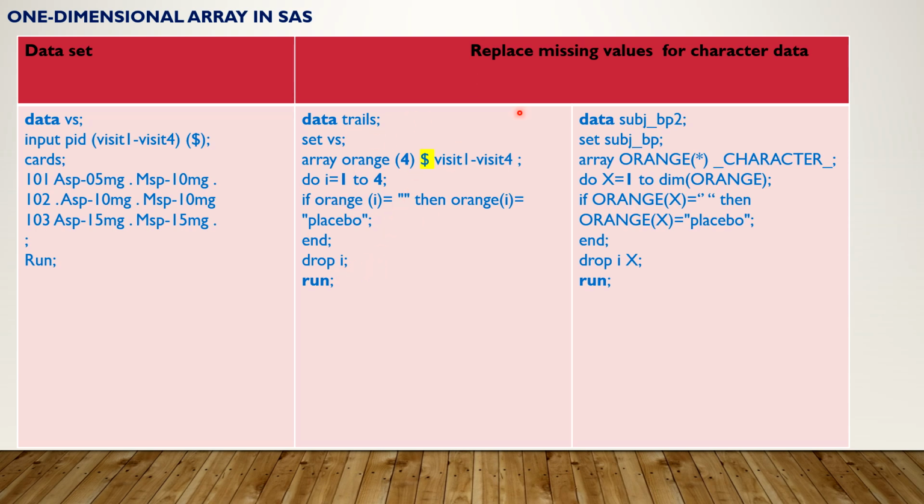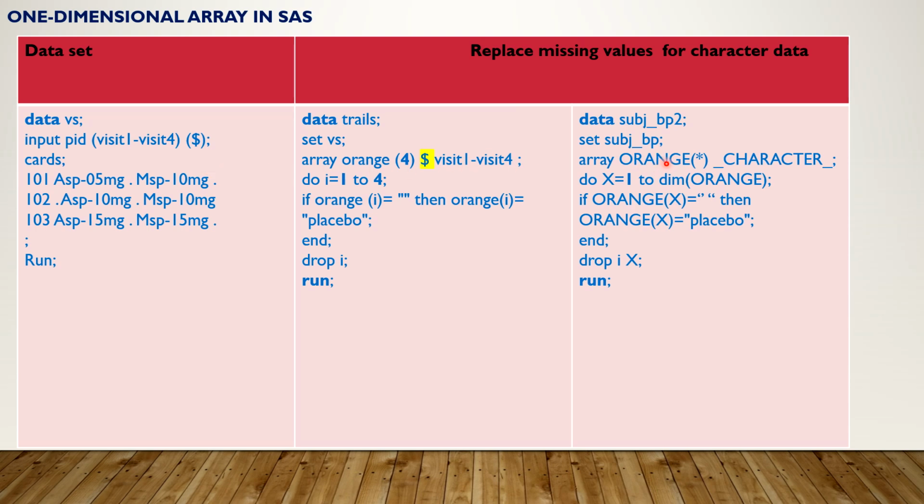The same code, if you want to use underscore character underscore, we have to write in this way. Data set name, that is the input data set name, array. So here it is orange. We can give any name, like fruits or like that.